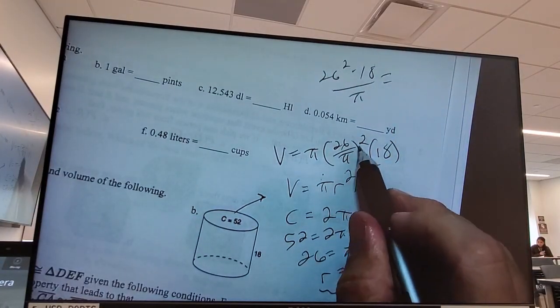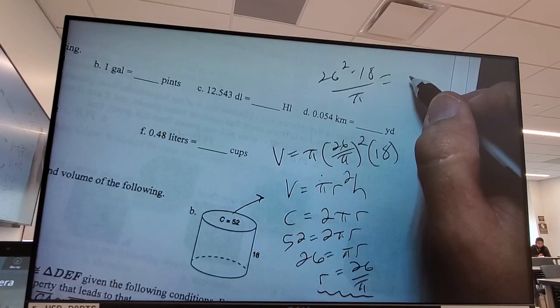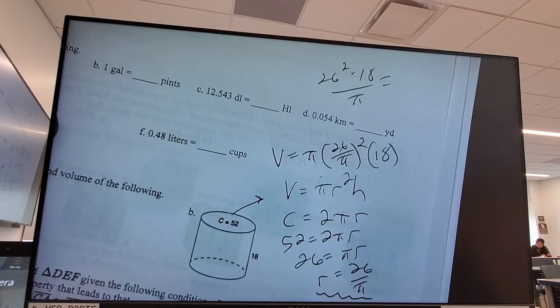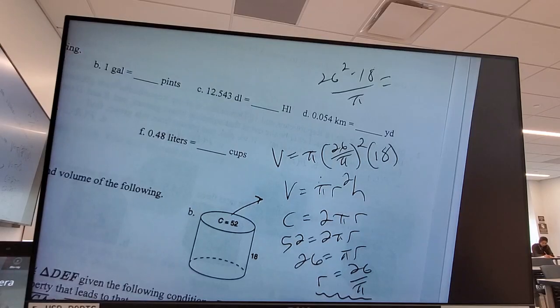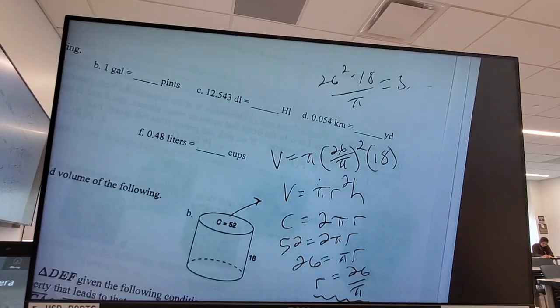That's one way to do it because one of the pi's cancels. And you're getting 3,000 something? Okay, I believe you. I'm going to stop trying to do it in my head. So 3,000 something.